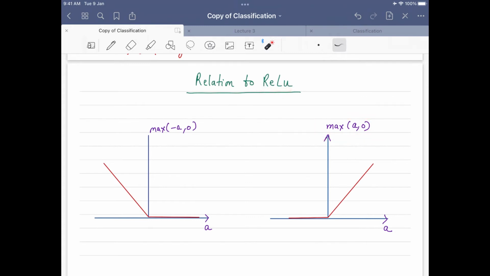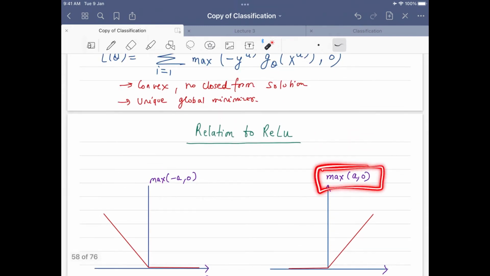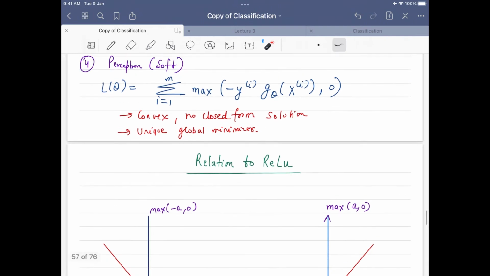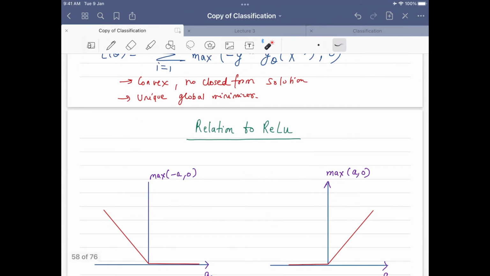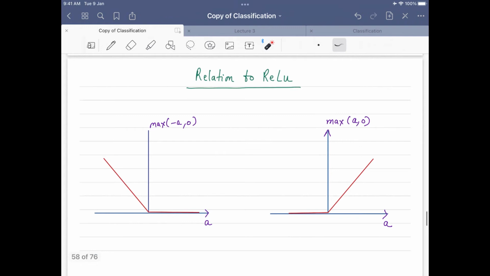If you contrast it with the perceptron cost function, the perceptron cost function is max of minus a comma 0. The importance of showing this slide is that ReLU is nothing but a mirror image of the perceptron loss function.